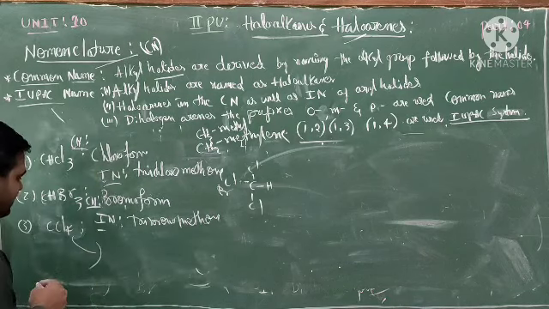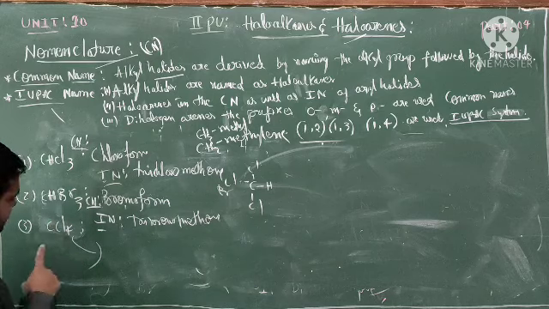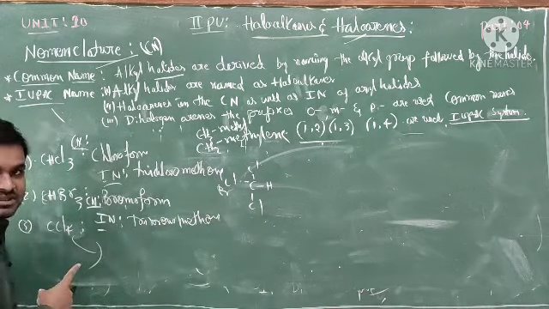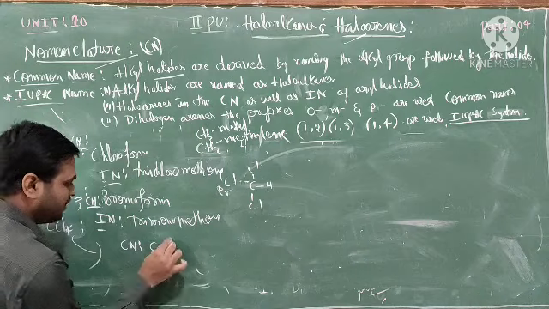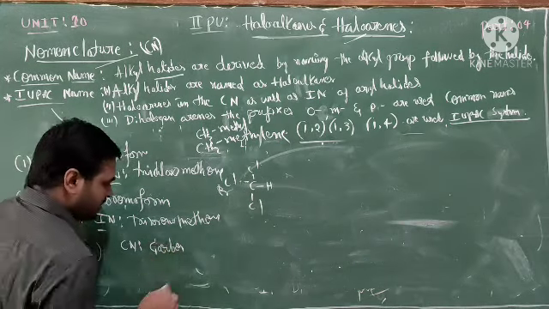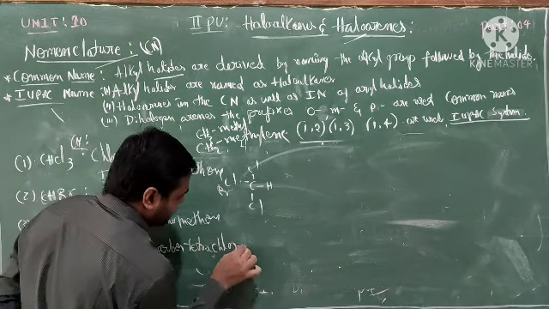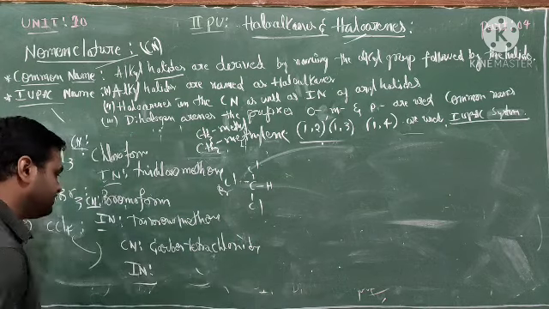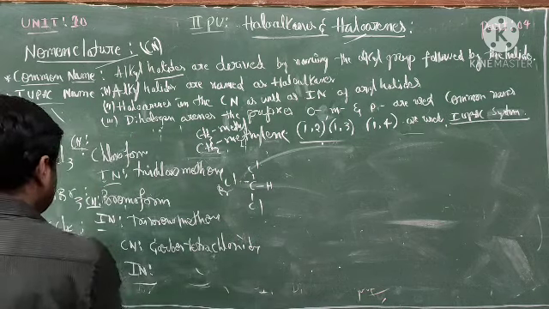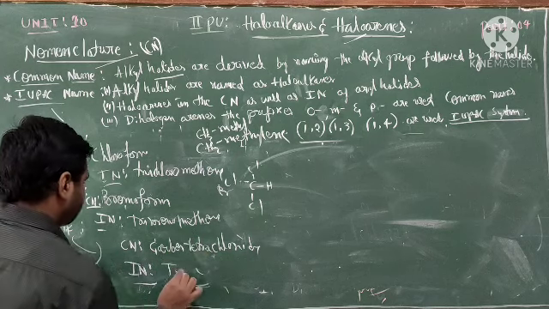So next, this one is carbon attached with 4 Cl atoms. The common name is carbon tetrachloride. Okay, what about the IUPAC name of this one? Tetra, 4 chlorine atoms are there.